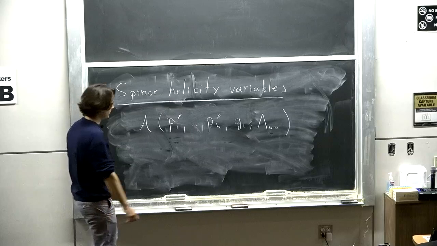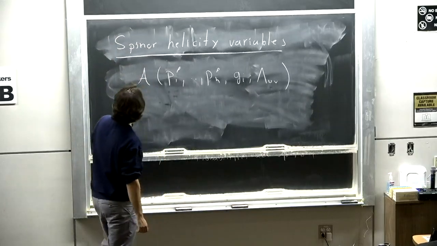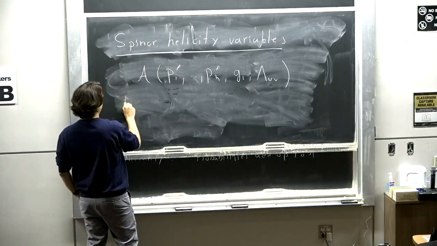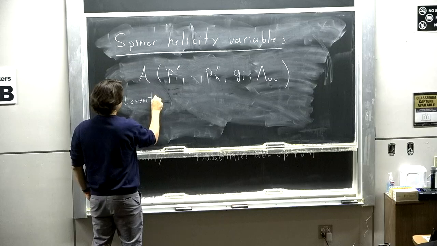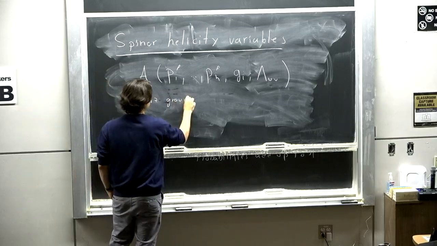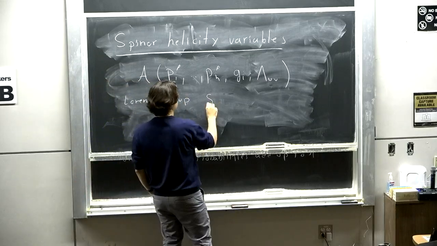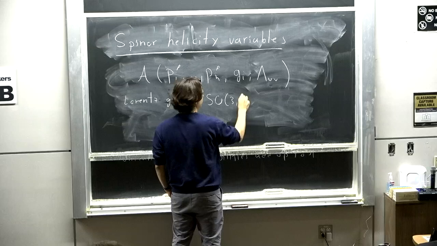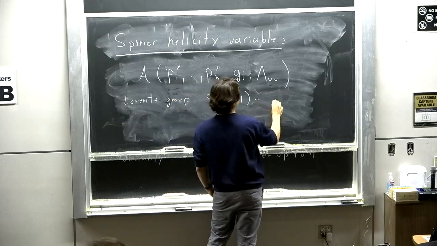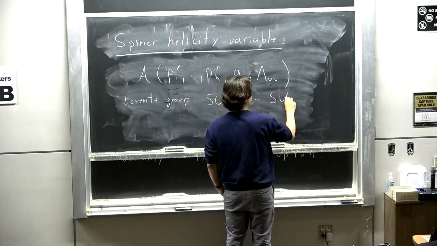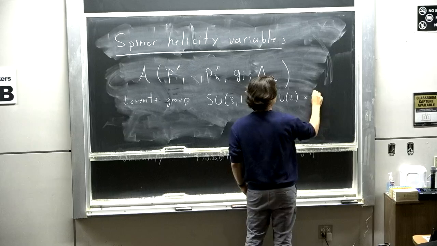So we're going to exploit the following fact. We're going to exploit the fact that the Lorentz group, SO(3,1), can actually be written as a pair of SU(2)s.